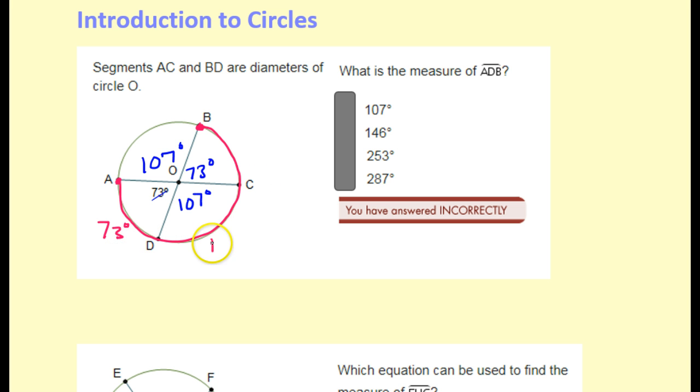Arc DC, that's 107 degrees. Arc BC is 73 degrees. This only works when the angles are central angles. If the angles are at the center, then the arcs and the angle measures are the same. So we'll just add all these up, and that'll be the answer. So that turns out to be 253.